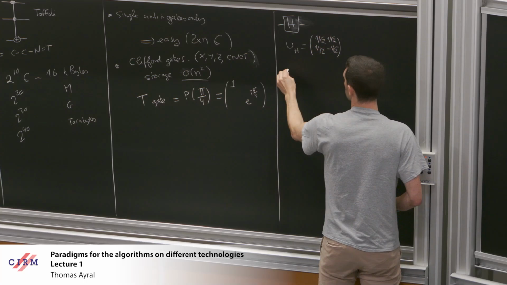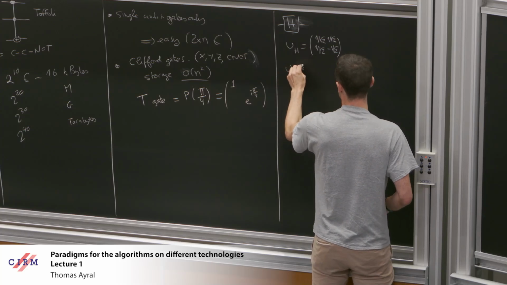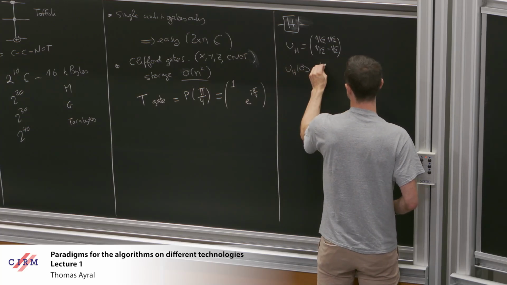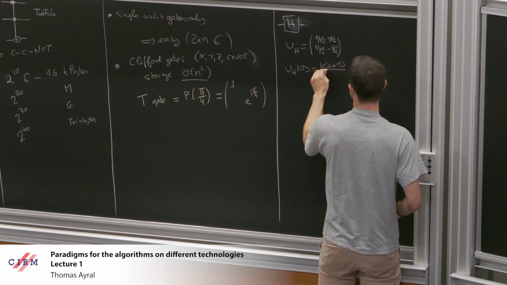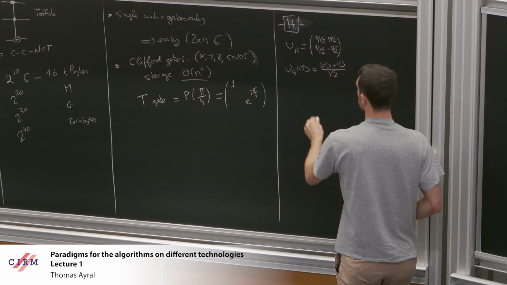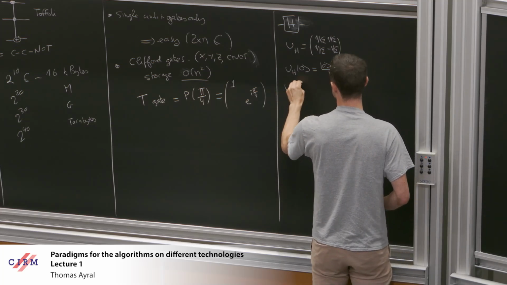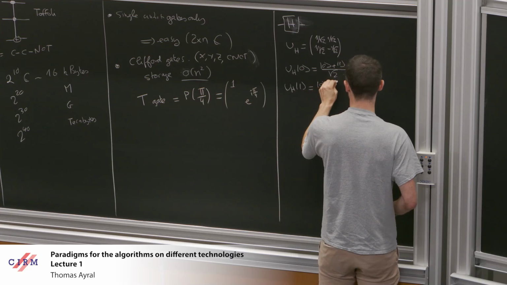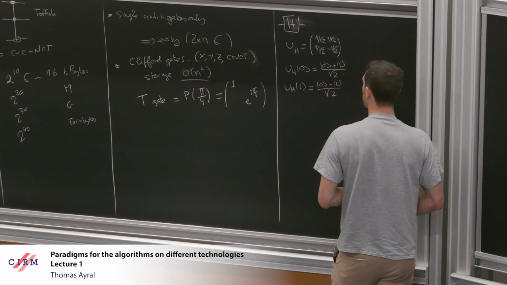So in other words, if I do UH applied on state 0, I get 0 plus 1 over square root 2. And if I apply it to 1, I get 0 minus 1 over square root 2.